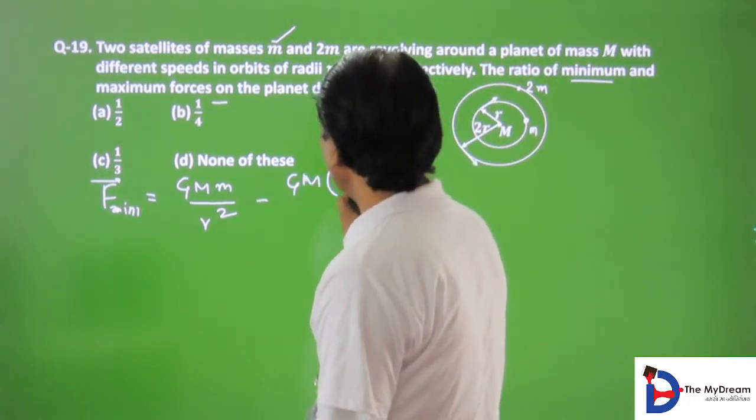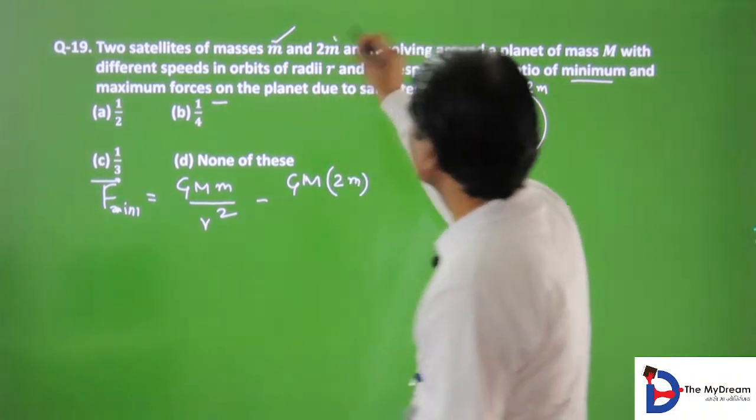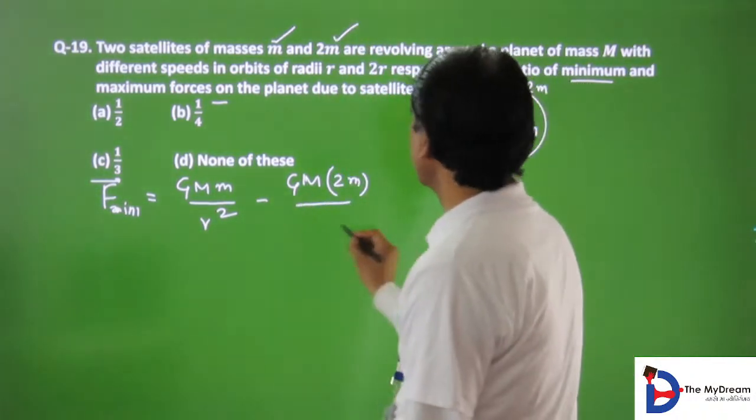GM into twice of m, distance is twice of r.